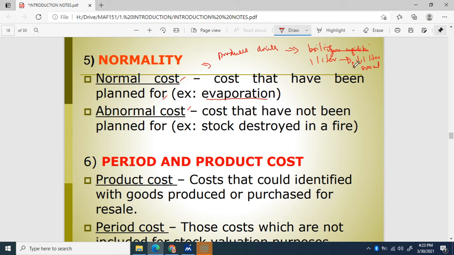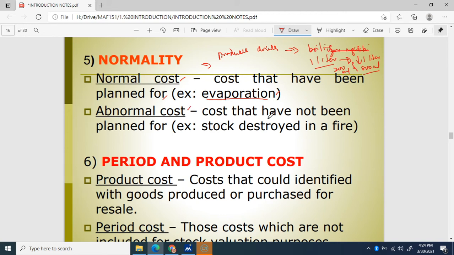That means there is 200 ml of evaporation. This process is expected, so you plan for it, knowing the output will be lower than the input. Input 1 liter, output only 800 ml. So this is normal cost, the cost that you plan for and expect to happen.